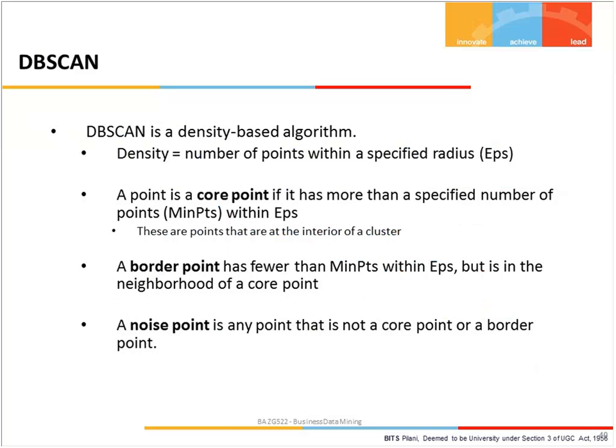So now let's look at DBSCAN nomenclature. DBSCAN depends on density within the epsilon neighborhood. A point is considered a core point if it has a minimum number of points within the epsilon neighborhood. It is considered a border point if it has fewer than the minimum points within the epsilon neighborhood, but it is in the neighborhood of a core point.